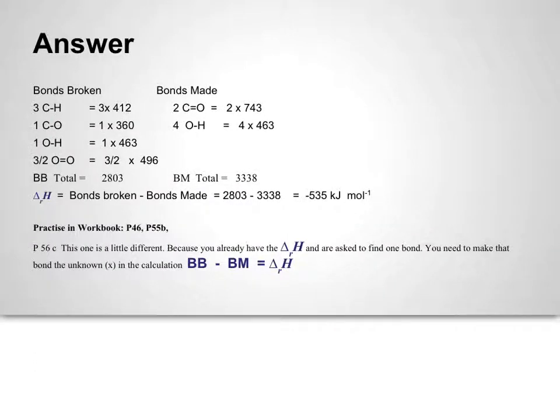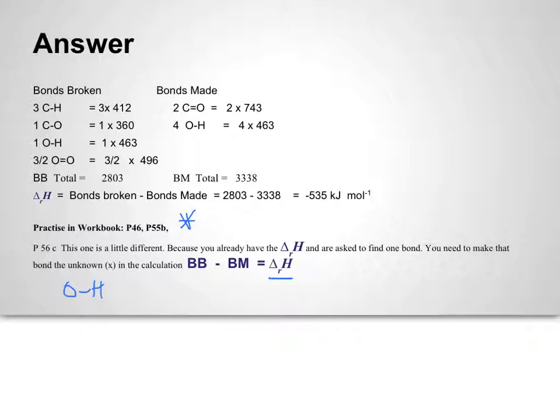So there's the answer in more neat type, and here's some practice questions in your workbook. And you'll notice that on page 56, this one's a little bit different. In this question, they've given you the delta H, and they've asked you to find out the value of an OH bond.